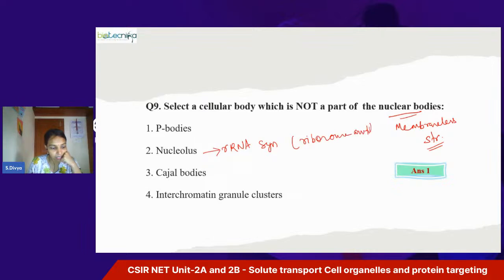Then the interchromatin granule cluster, somewhere it is related to the nucleus, because we can predict that chromatin is given, and obviously chromatin is present inside the nucleus. Then the confusion is P bodies and Cajal bodies, right?